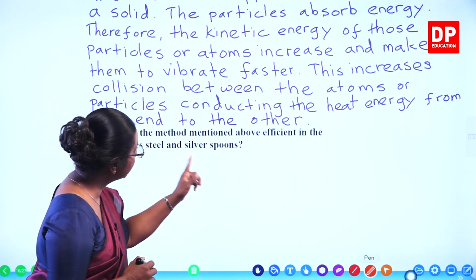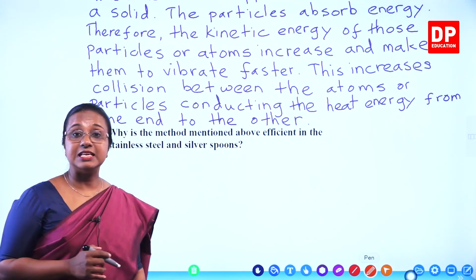Why is the method mentioned above efficient in the stainless steel and silver spoons?